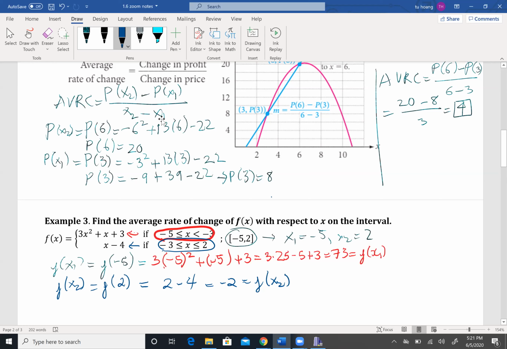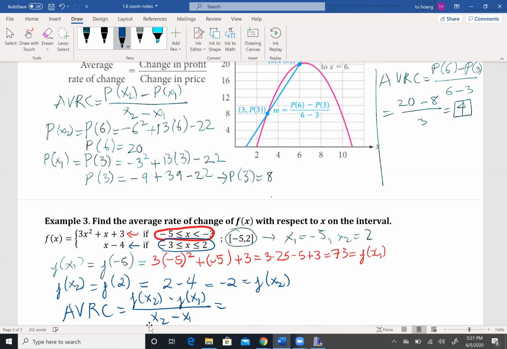And now I will just substitute all that into the average rate of change formula, version number 1. So f(x2) minus f(x1) over x2 minus x1.